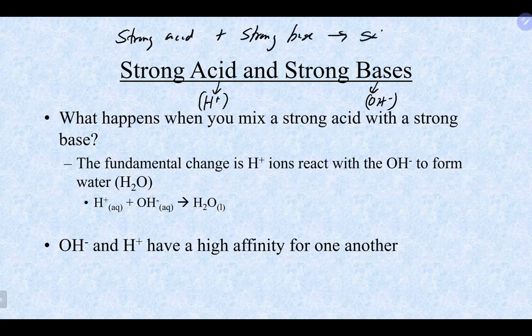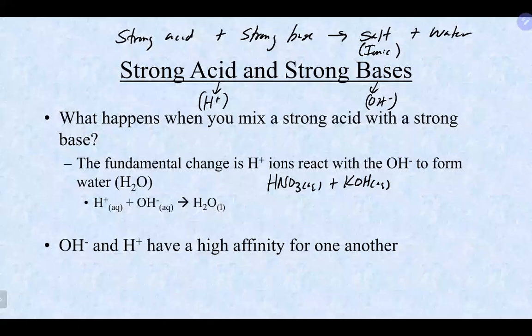you basically get a salt and water. And obviously a salt is an ionic compound. So for example, if you took something like nitric acid, which is a strong acid, and reacted it with KOH, which is a strong base. This is also a double displacement reaction.